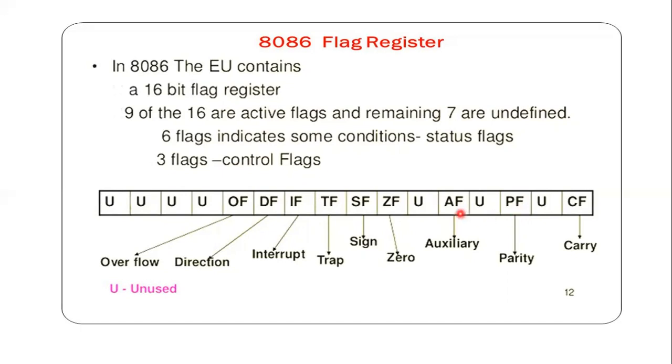The next one is the auxiliary carry. The auxiliary carry is set if there is a carry out from the low nibble into the high nibble, or a borrow from the high nibble into the low nibble of the lower byte in a 16-bit word. Otherwise, it is reset. Then the zero flag.